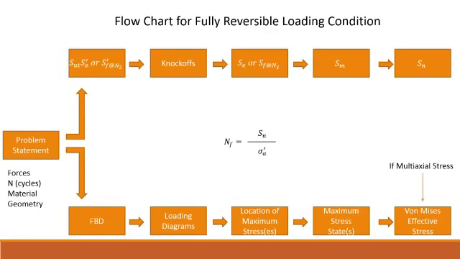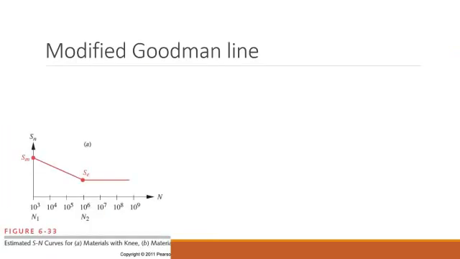So that's fairly straightforward. Well, what happens now if we consider that the alternating component is not the only stress component, that there is a mean stress as well? So this is the graph we've been looking at so far, and what we see here is on the x-axis we're graphing number of cycles, on the y-axis we're graphing the strength of the material.